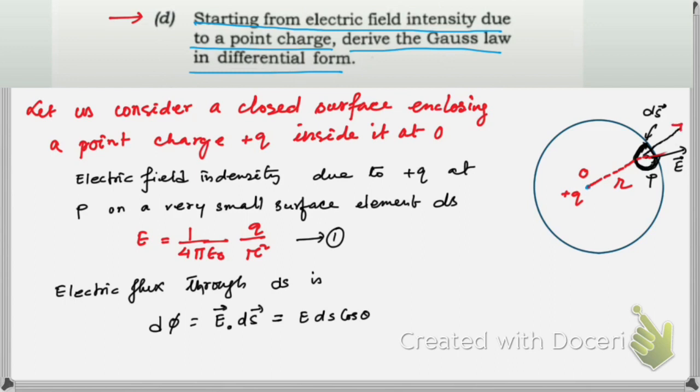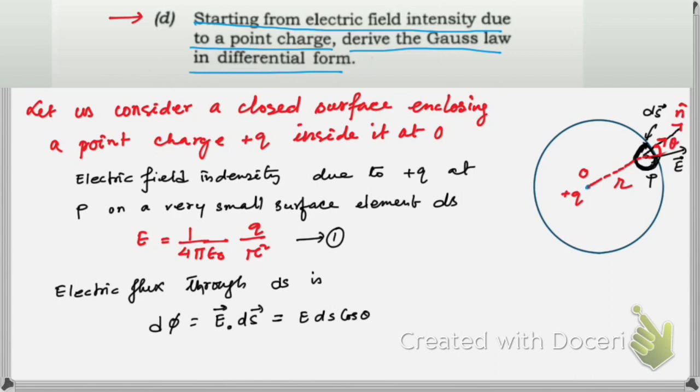This is suppose n cap, the unit vector along the normal to the surface, or you can say the area vector, right? And between these two we have angle theta, right?